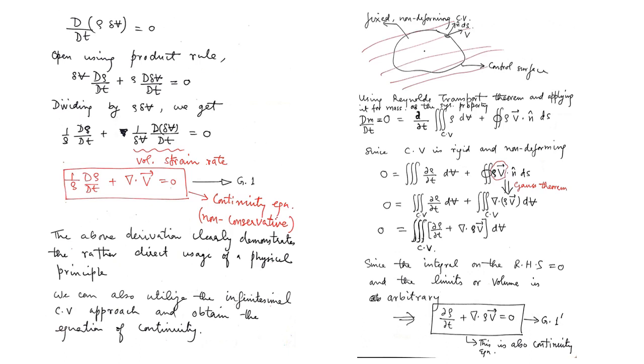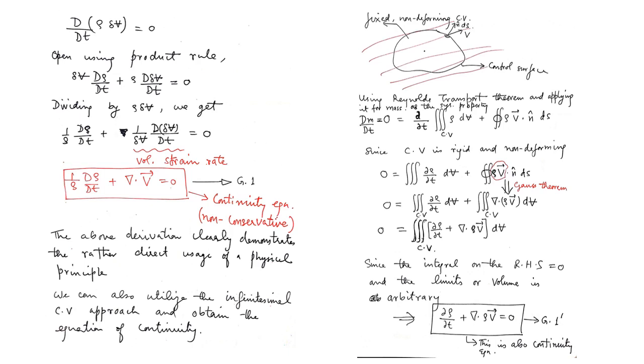Now look at the argument that I have to invoke. Since the integral on the right hand side is 0, and we also recognize that the limits of the volume are arbitrary. Why arbitrary? Because we can take this volume in any way, it has no fixed shape, no fixed size. Somebody can take a bigger one, somebody can take a smaller one, and somebody can choose a different shape.